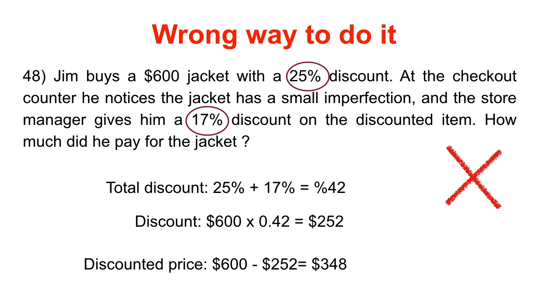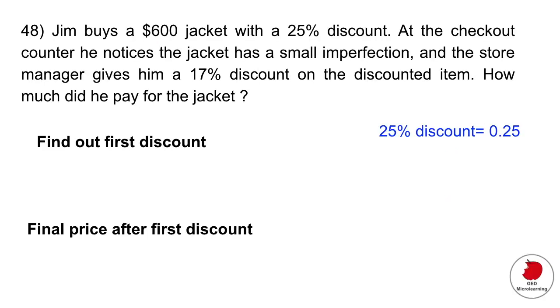It's incorrect, because he basically paid for the jacket already with the 25% discount, and then they gave an additional discount on the already discounted item. So basically you would have to do it like this.